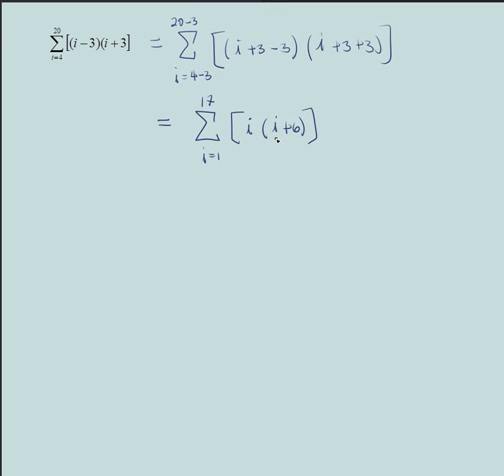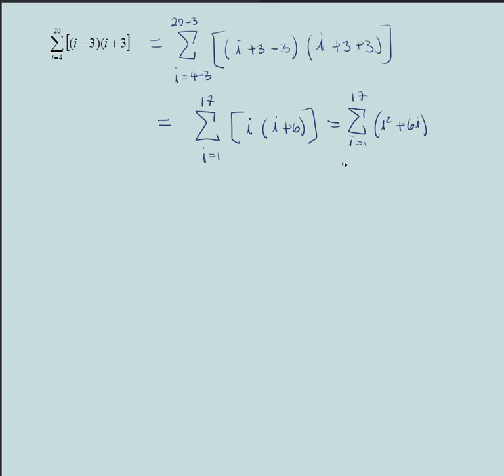Now you can distribute the I here, and this is going to give us the summation that goes from I equal to 1 to 17 of I squared plus 6I, with a parenthesis.